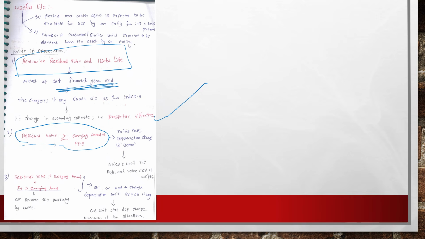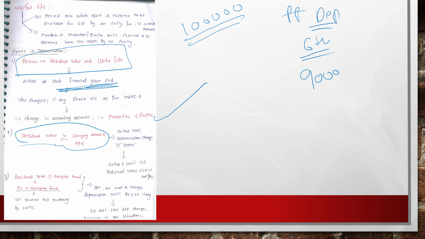Suppose you acquired that asset, PPE, and during the depreciation period, in the sixth year, you calculated your depreciation and the total accumulated depreciation is 90,000, and you have a residual value of 20,000. So in this situation, I will give a proper example.